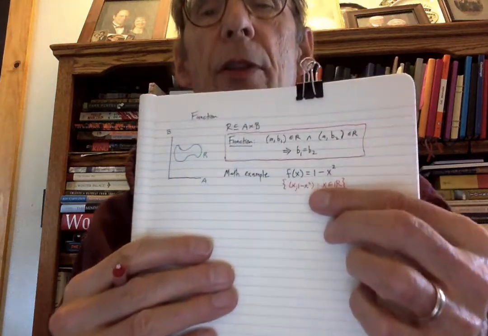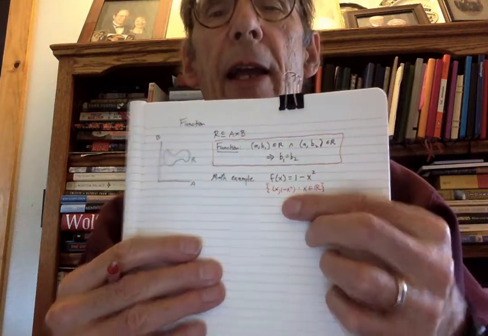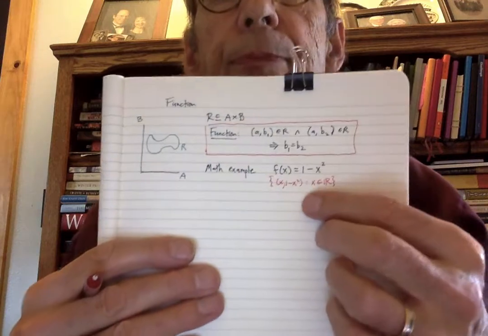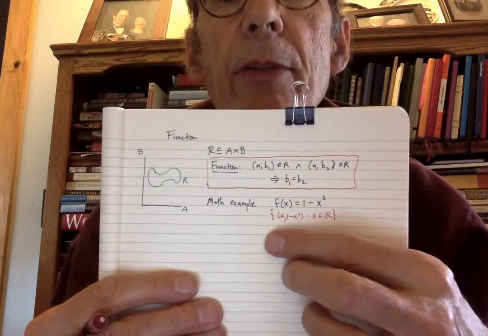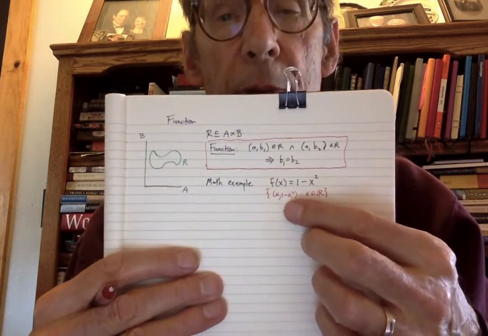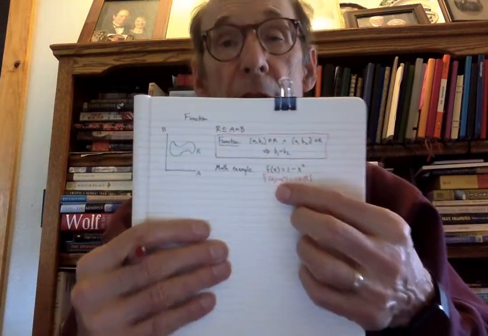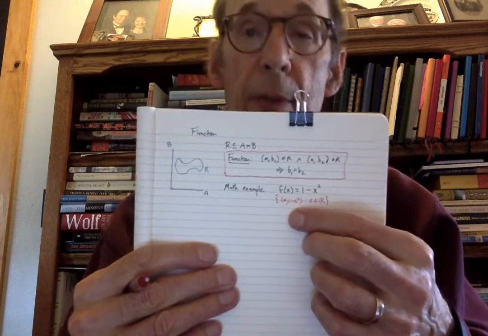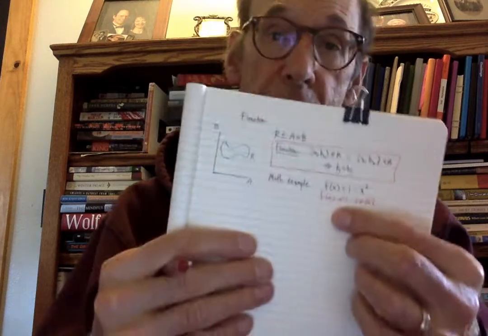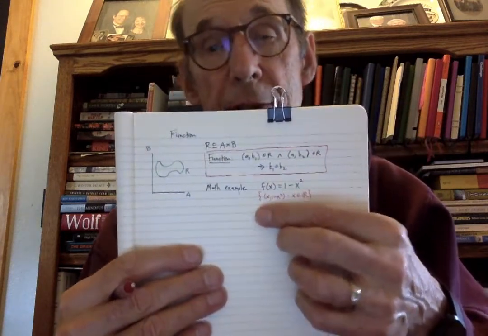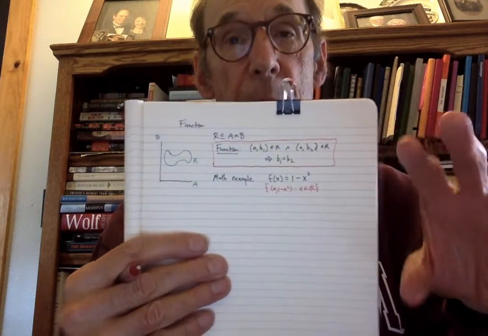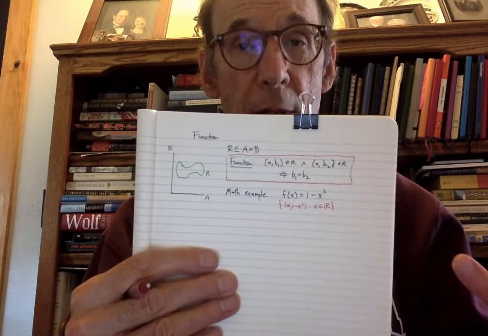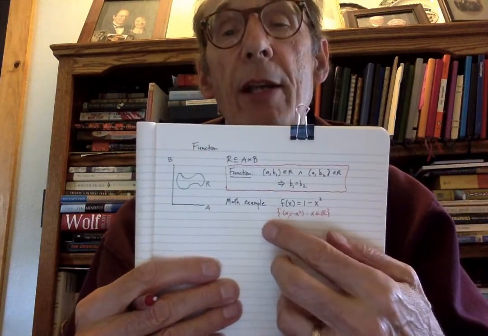So there's the function as an ordered pair, and you can see that you've got x and 1 minus x squared. And the thing is, because of the way we compute this, you know when x is 3, 1 minus x squared has to be 1 minus 3 squared, and when x is a half, 1 minus x squared has to be 1 minus a half squared, and those are well-defined operations, and so there's no ambiguity in what happens for a particular x.